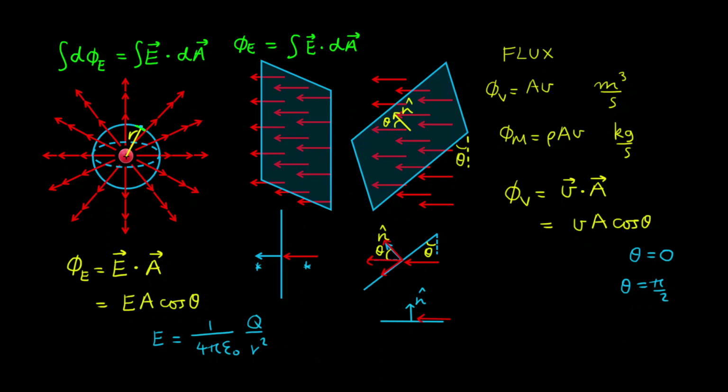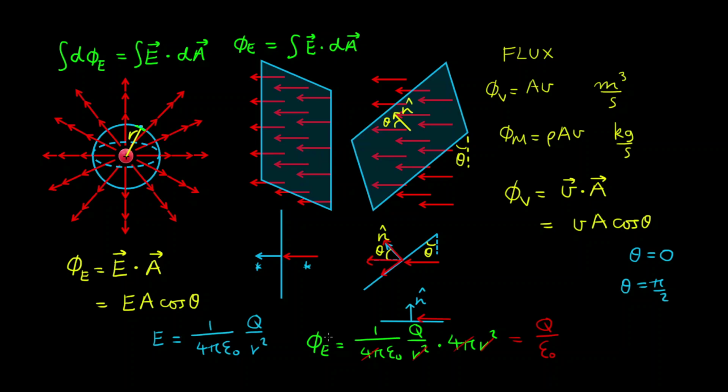Now if we want to calculate the electric flux through that spherical surface at some distance r from the charge, that's equal to 1 over 4 pi epsilon naught times q over r squared, which is the electric field at point r, and we multiply this by the area. The surface area of this sphere is 4 pi r squared. Now we can cancel 4 pi, and we can cancel r squared, and this gives us q over epsilon naught.